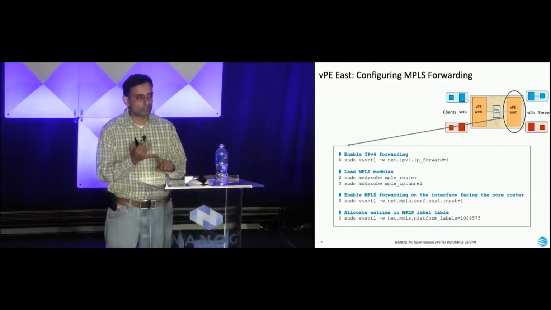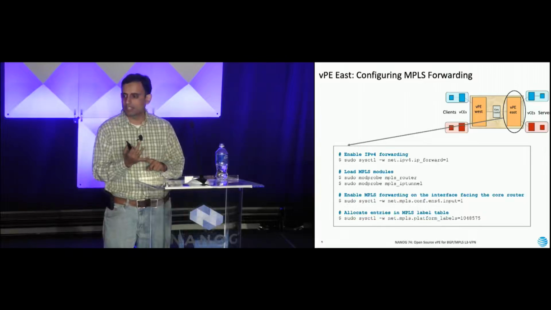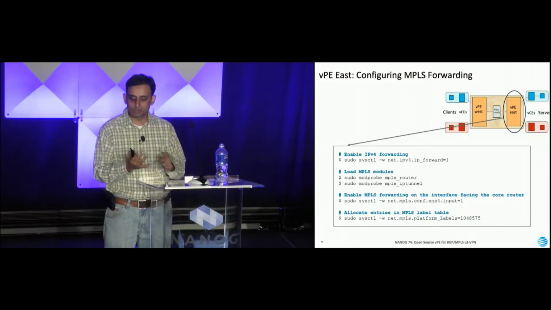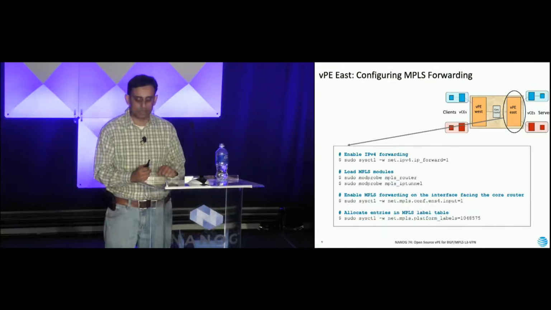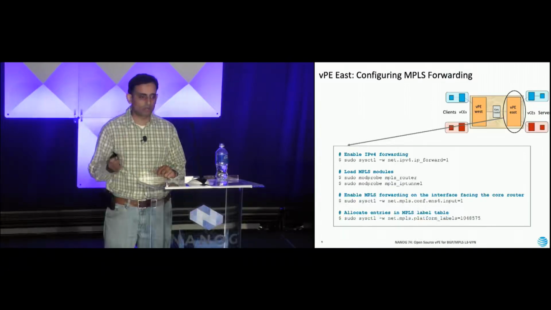The second command is to enable MPLS modules. The third command actually enables MPLS forwarding on the particular interface, in this case the interface facing the core router. And the last command is to allocate space for the MPLS label table. Once you run these four commands, the box can act as an MPLS forwarder.